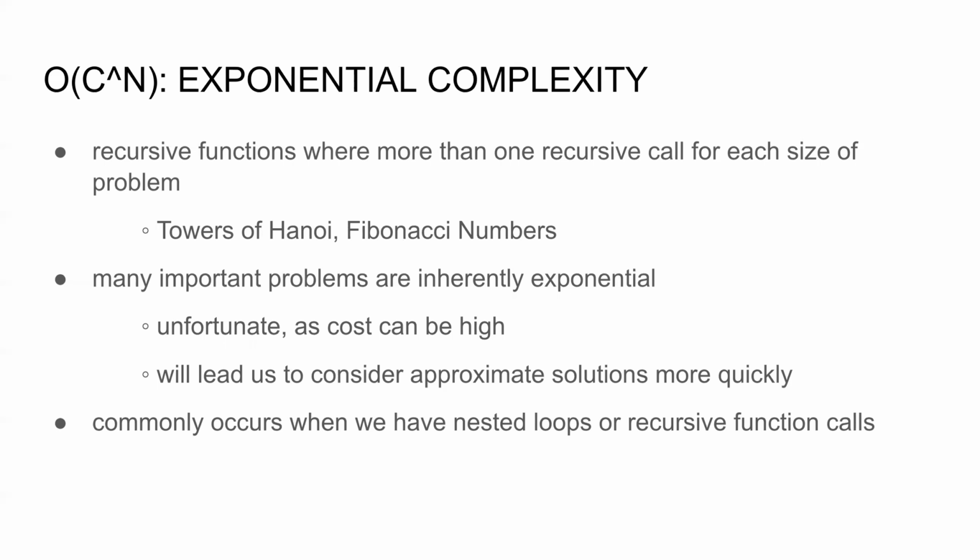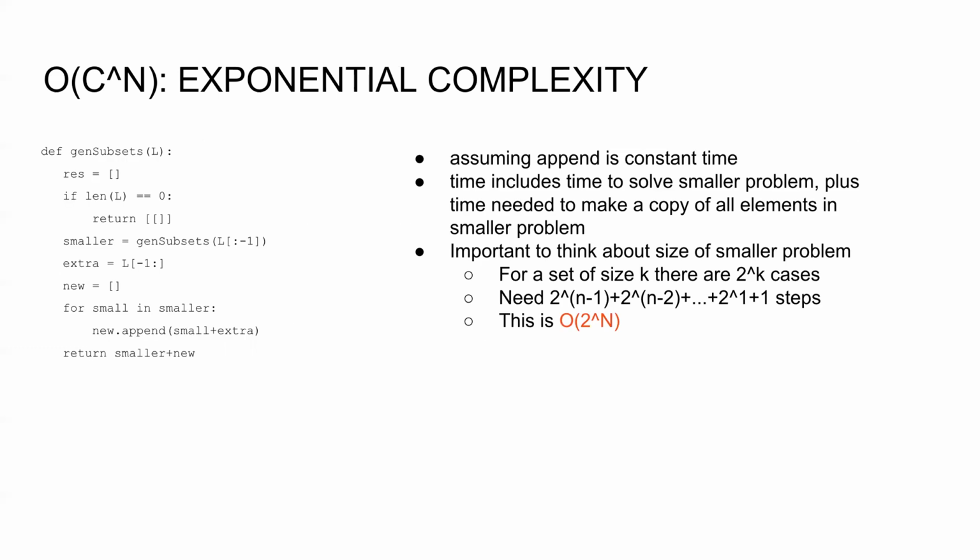So we need a more clever way of solving those things. The famous exponential algorithm is you list all the subsets of the list, right? Including the empty set and the set that includes everybody.